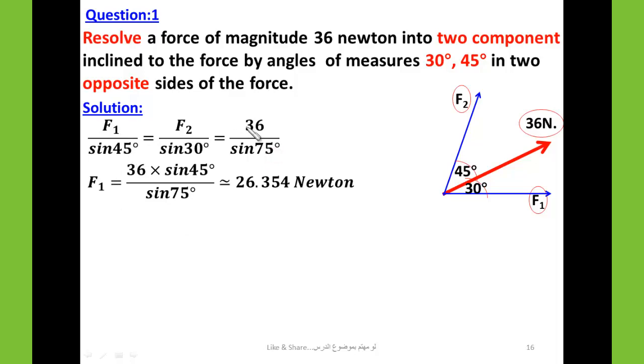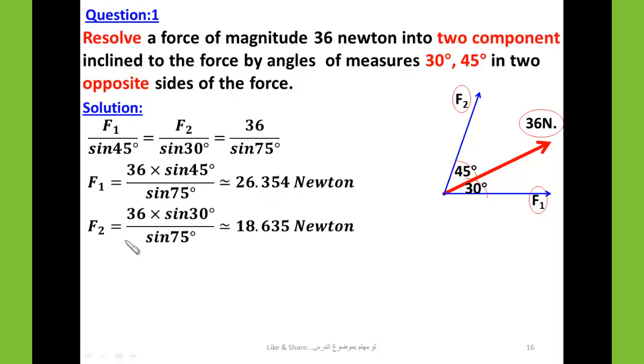F1 equals 36 multiplied by sine 45 all over sine 75, approximately 26.354. And F2, by cross multiplication, equals 36 multiplied by sine 30 over sine 75, approximately 18.635 Newton.